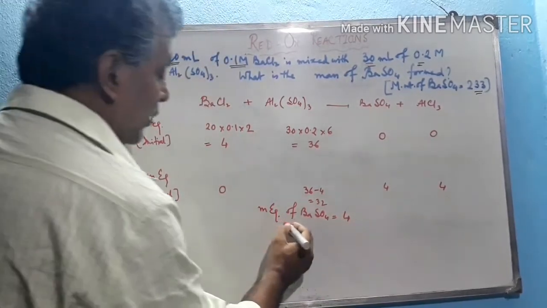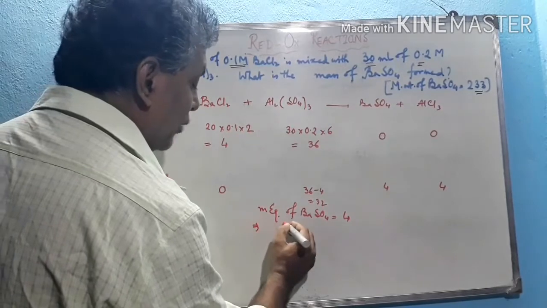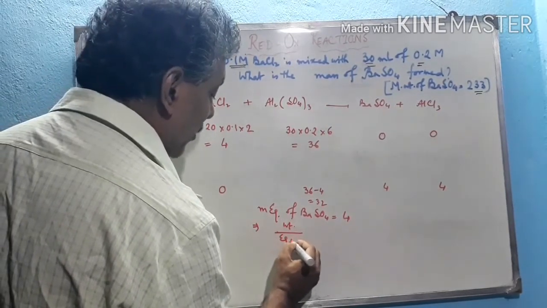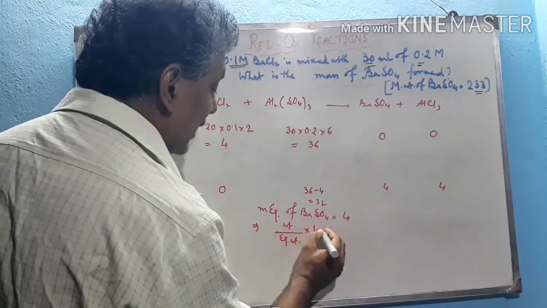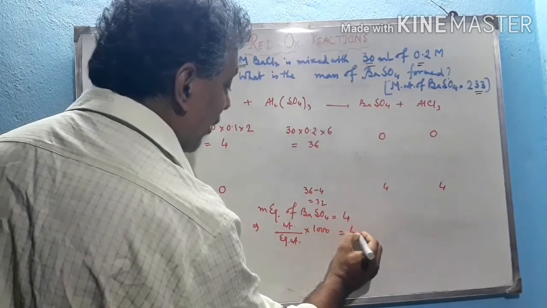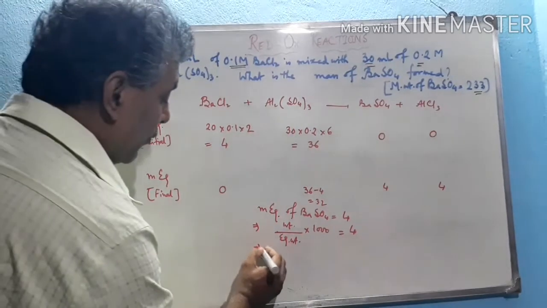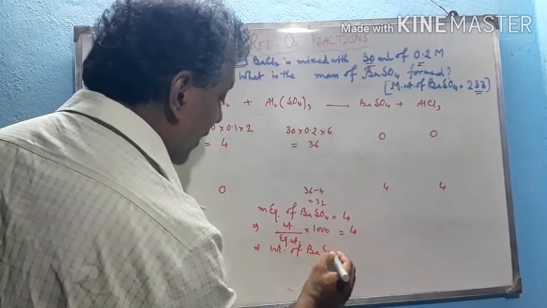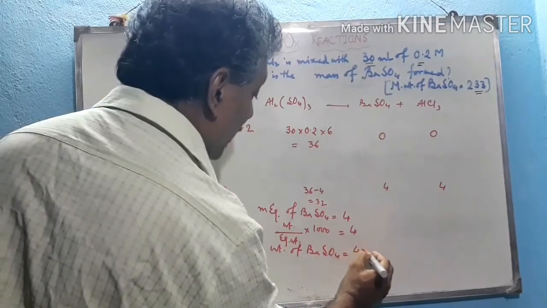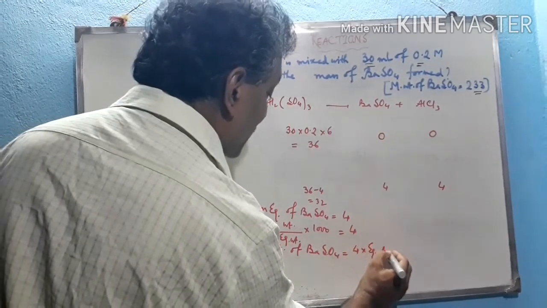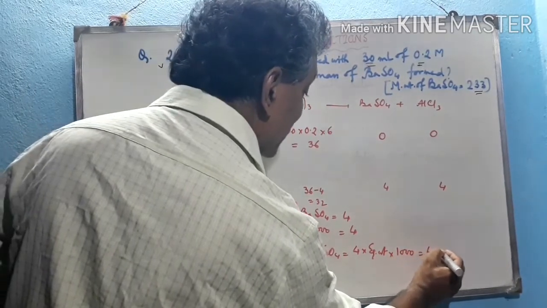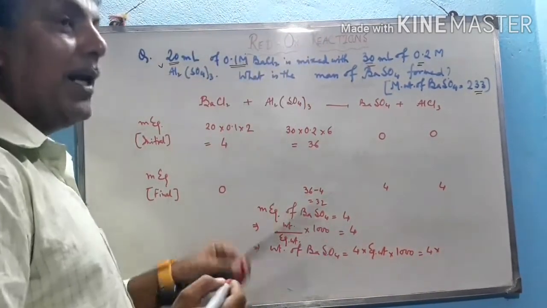Now what is the expression of milliequivalent? We know that it is weight divided by equivalent weight of the substance into 1000. This is the expression of milliequivalent, equal to 4. Therefore the weight of barium sulfate obtained is equal to 4 into the equivalent weight of the substance divided by 1000. Now what is the equivalent weight of the substance? This is the molecular weight by N factor.